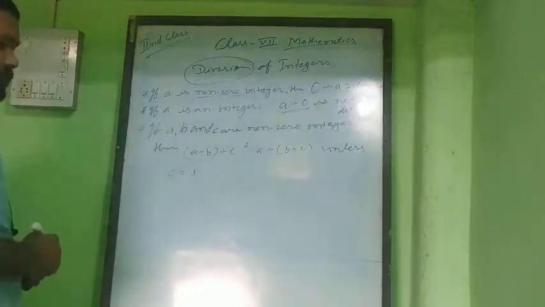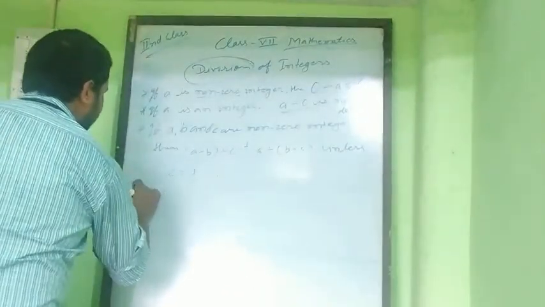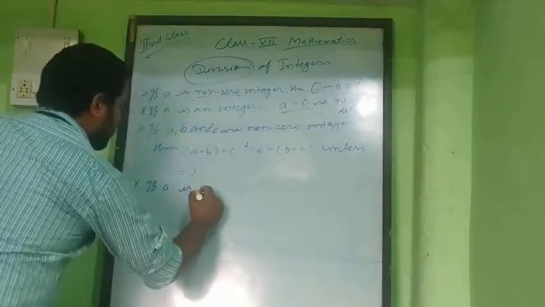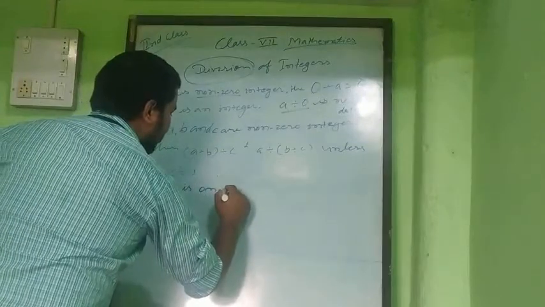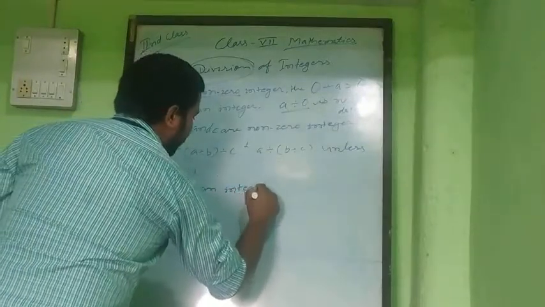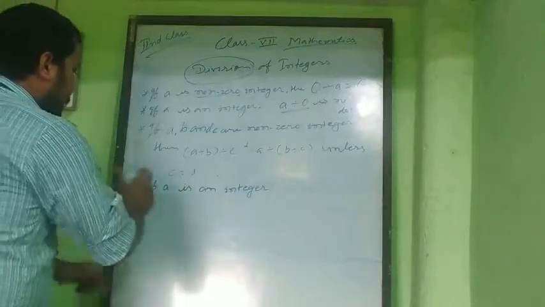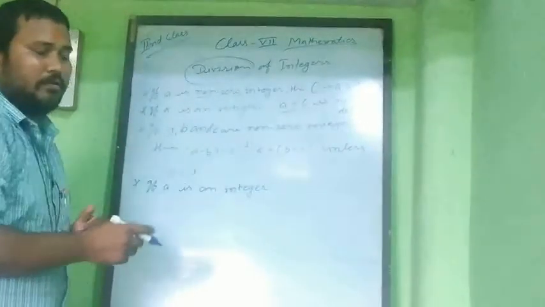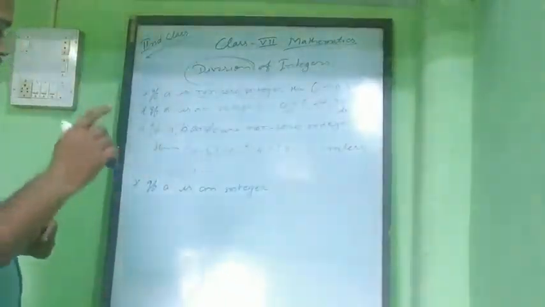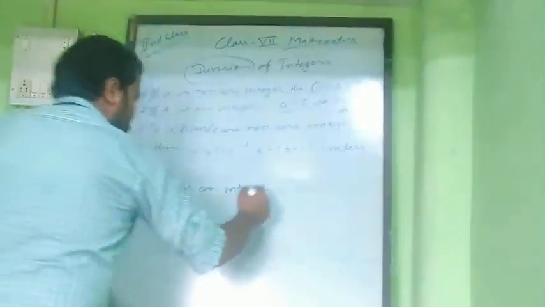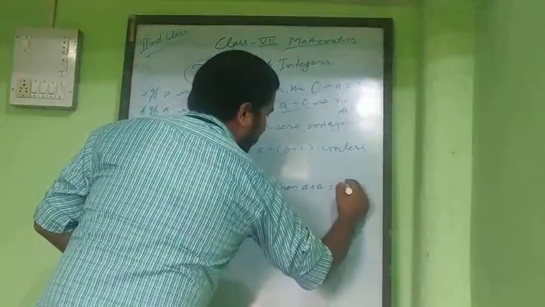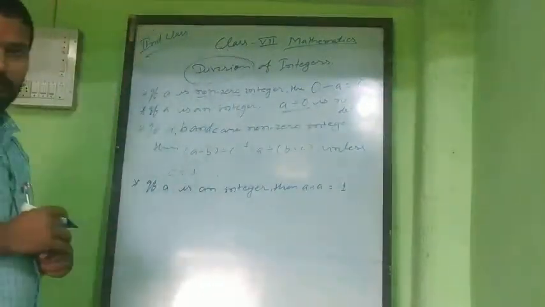Now, the next property says that if A is an integer and A is divided by itself, then the result is 1. Then A divided by A is equal to 1.